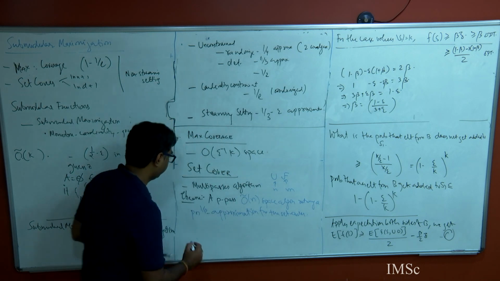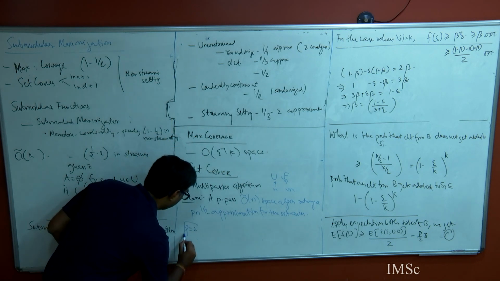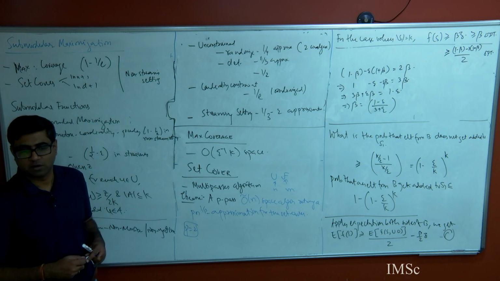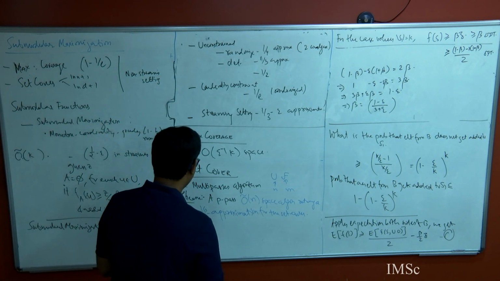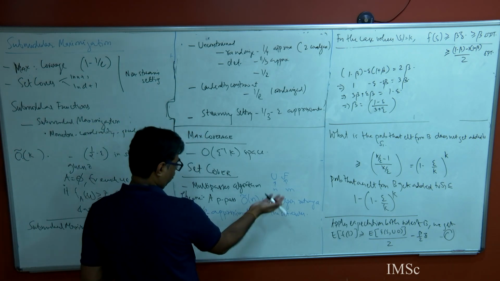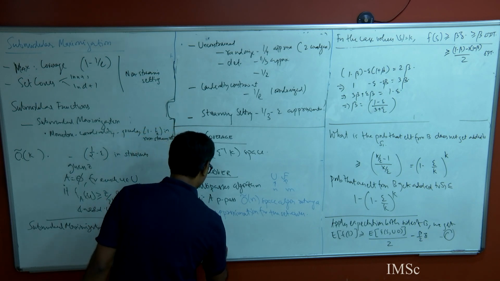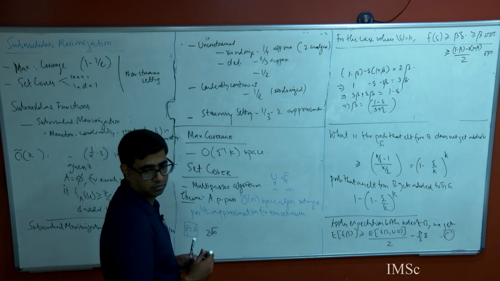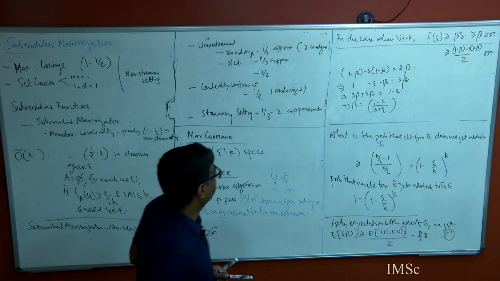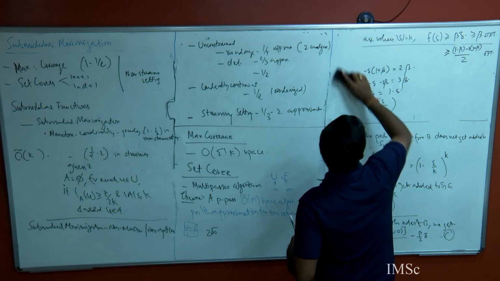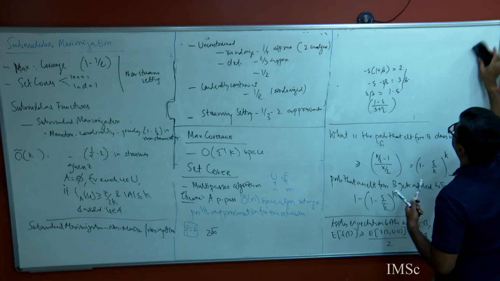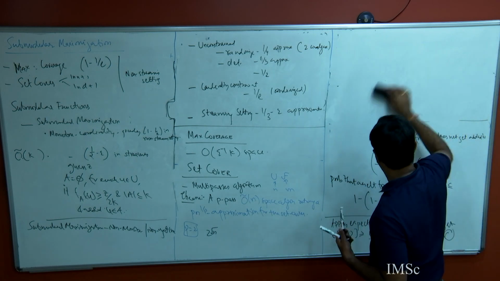Okay, let's substitute p equal to 2. What are we saying? We can give a 2-pass algorithm which takes how much space? O tilde n space, but what will the approximation factor be? So do you think you can come up with such an algorithm? What is coming? Sets are coming.